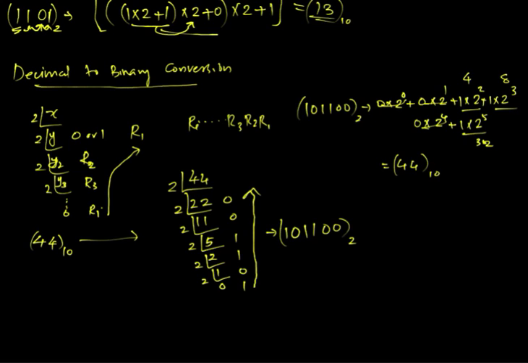Now arranging the remainders in the reverse order will give the corresponding binary number of the required decimal number. So that's all about the binary to decimal conversion and decimal to binary conversion.